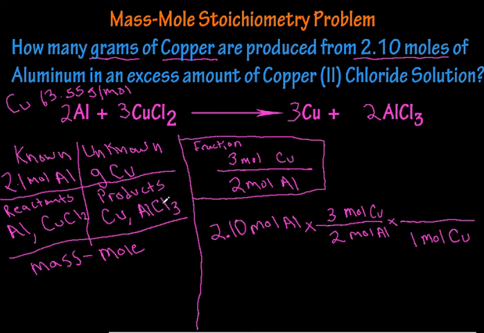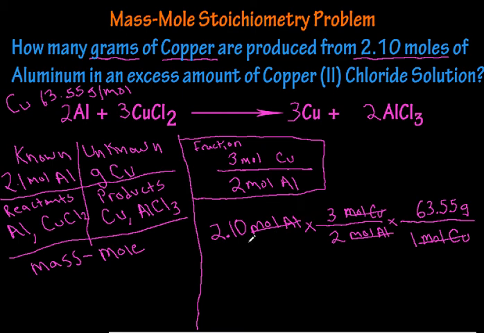For copper, it's specifically 63.55 grams. Now, mole cancels with mole, and that can only cancel with copper. Mole of aluminum only cancels with mole of aluminum. Those all cancel to 1.